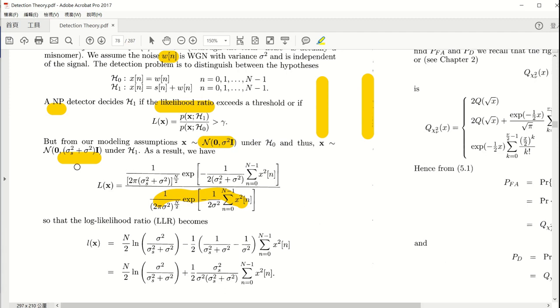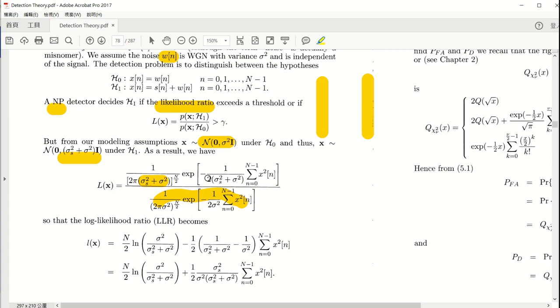And then for H1, it's a little bit complicated because your variance part has sigma s squared plus sigma squared. As a result, you have this sigma s squared plus sigma squared, and you have n random variables, so you have n over 2 here.